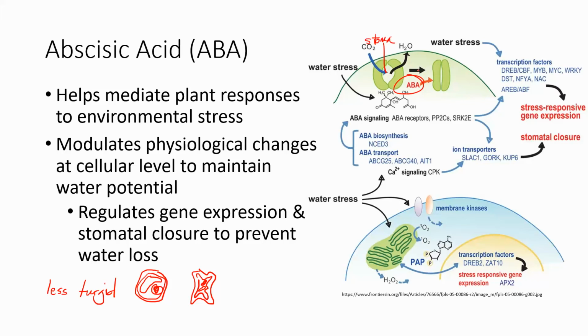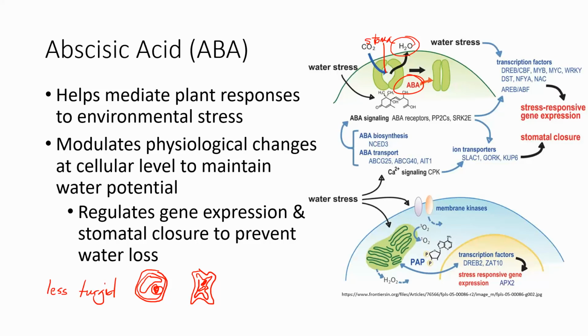And what abscisic acid does is it causes those to close. When they close, you are no longer releasing water into the surrounding atmosphere, and then you're able to hopefully maintain lower solute concentrations, higher amounts of water. There's also transcription activity based on this pathway, but we're mostly focusing on how it's involved in negative feedback.